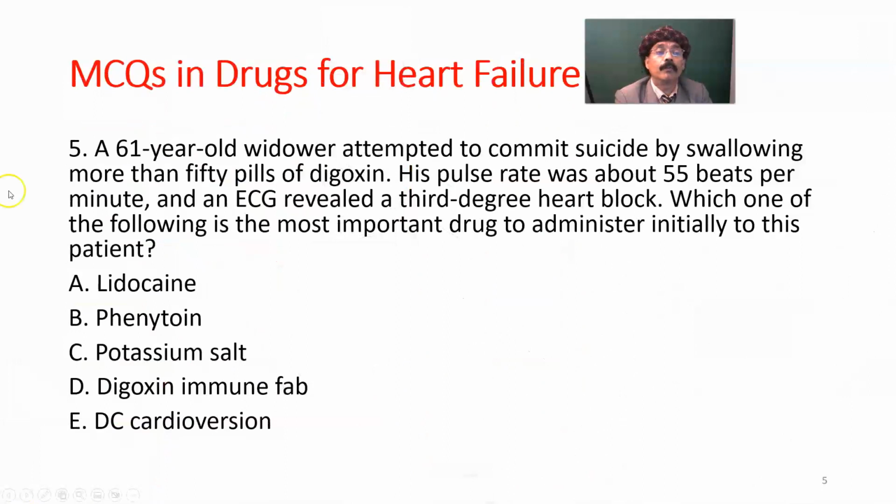Question number 5. A 61-year-old widower attempted to commit suicide by swallowing more than 50 pills of digoxin. His pulse rate was about 55 beats per minute and an ECG revealed a third-degree heart block. Which one of the following is the most important drug to administer initially to this patient?